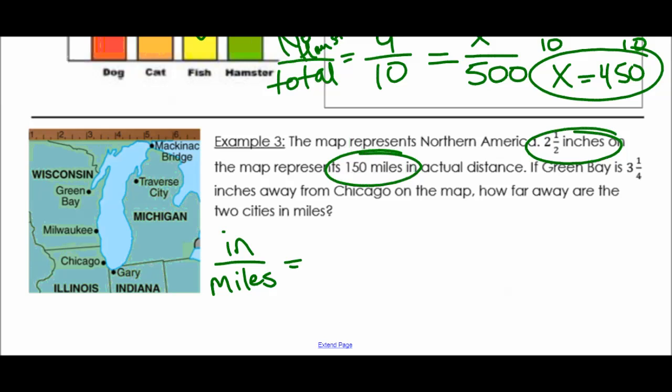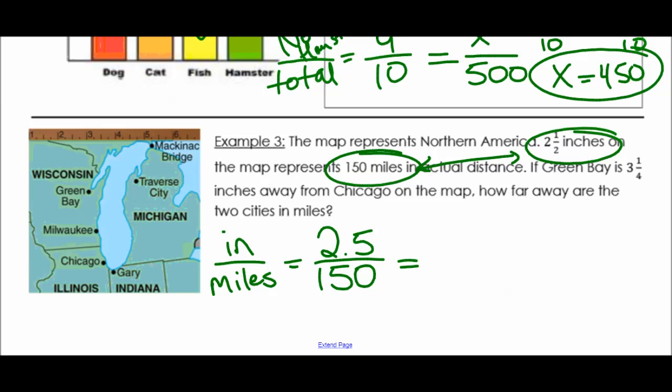It says if Green Bay is 3.25 inches away from Chicago on the map, how far are the two cities away in miles? So we're talking about 2.5 inches representing 150 miles. Those two numbers match up, so we put them together in a fraction, comparing inches and miles.